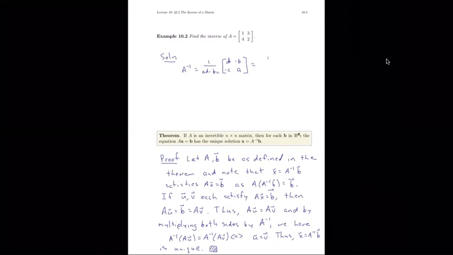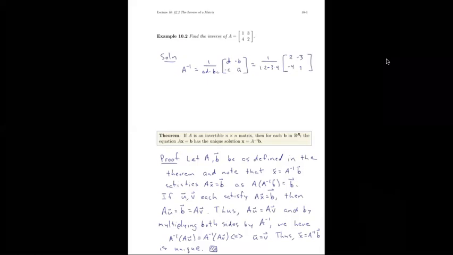So for the determinant, A times D, that's 1 times 2 minus 3 times 4. And this is all times the matrix with 2 and 1 swapped on the main diagonal, and then negative 3, negative 4. Continuing to simplify, we have 1 over 2 minus 12, which is negative 10, times this matrix.